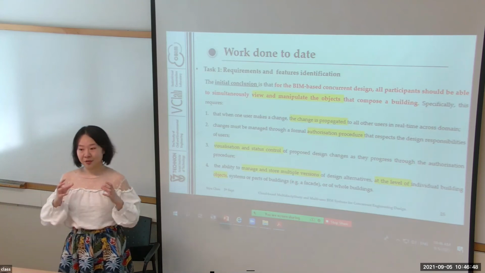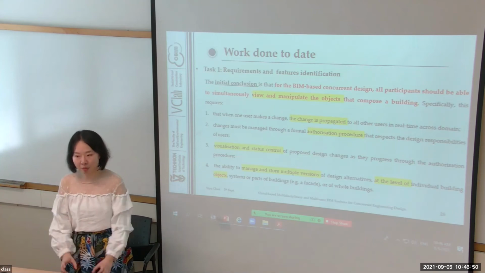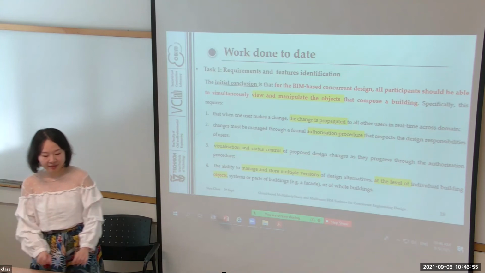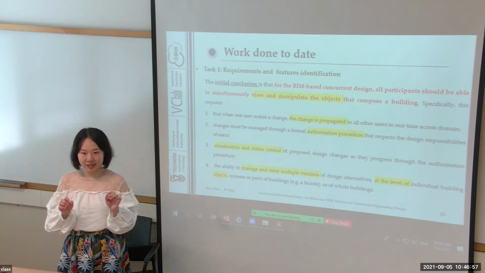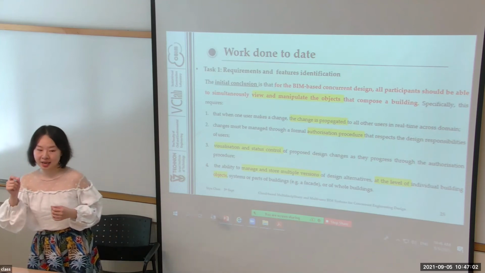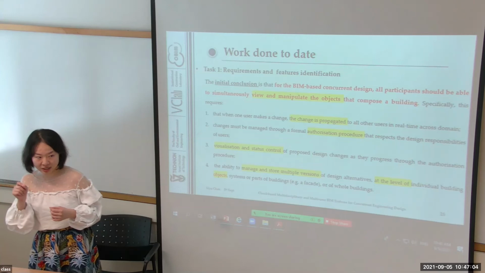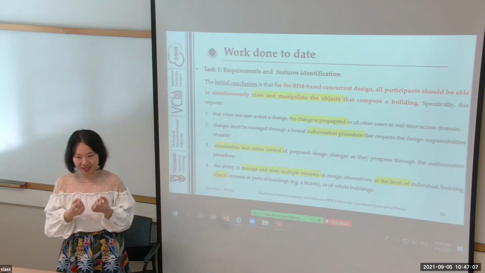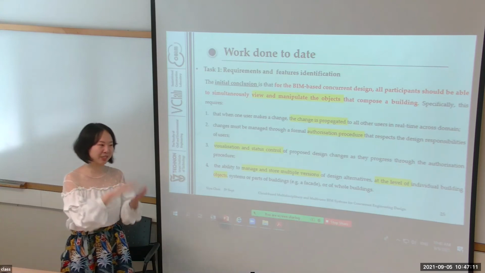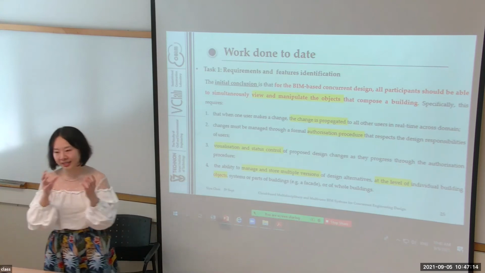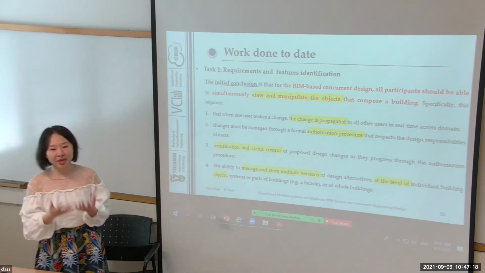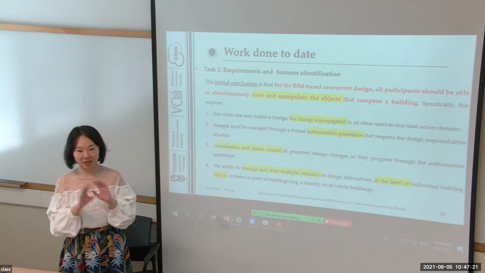For example, if I made a change in my own model, which is related to the structural engineer's model, then I would be able to see the status: if I proposed it and he got it but hasn't checked it, or if he has already checked it but hasn't responded, or he has responded by rejecting it with some reasons, or accepting it completely, or accepting it with some modifications. I will be able to see all the progress and information during the authorization procedure.